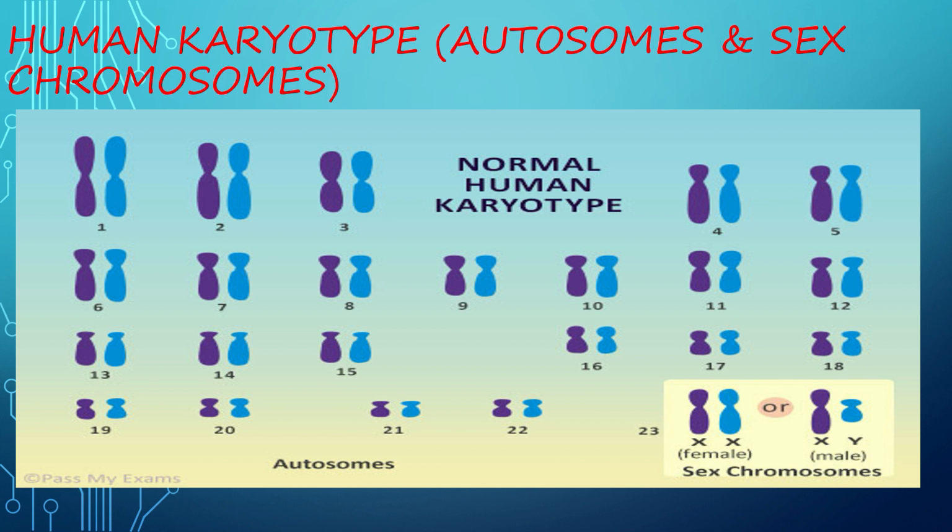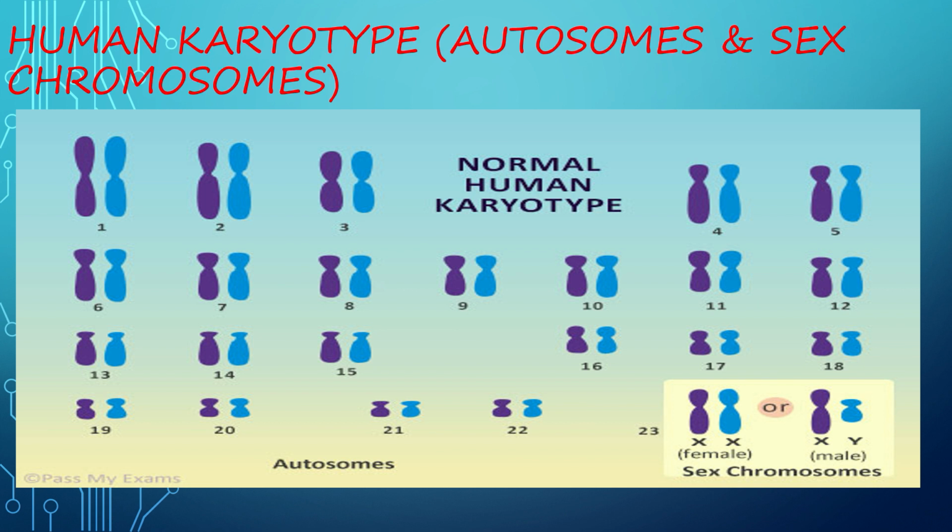Pairs 1 to 22 are called autosomes as they have no role in determining the sex of the individual. But the 23rd pair is the sex chromosome, which is different for male and female. In female, both chromosomes are identical and a perfect pair, and they are XX.